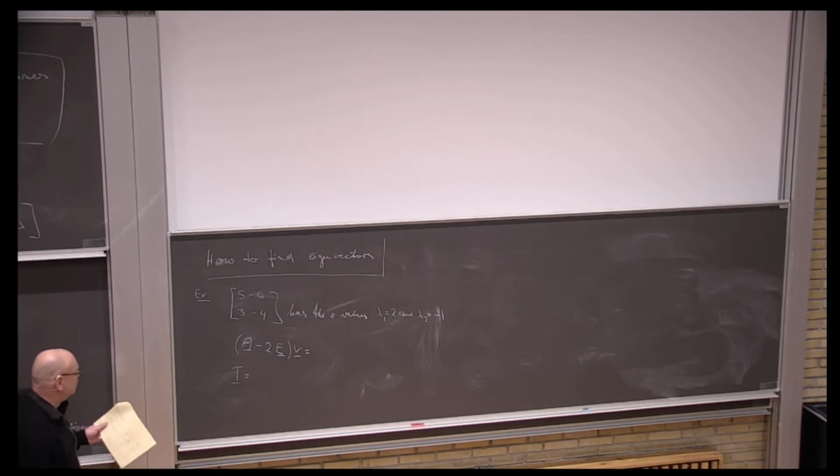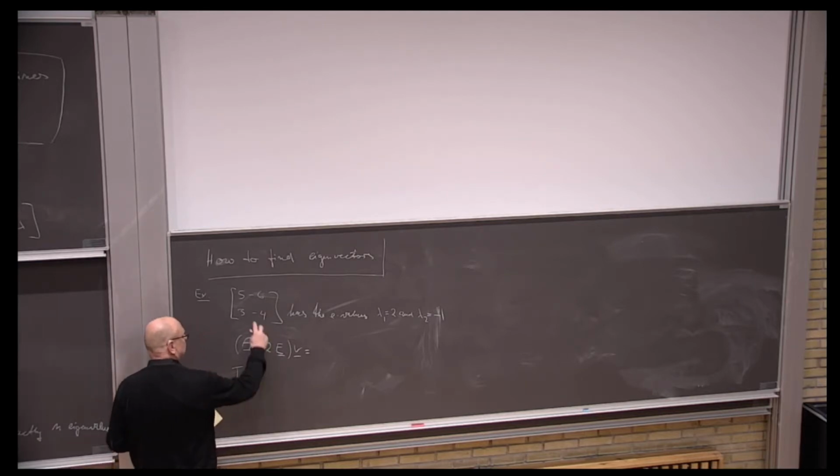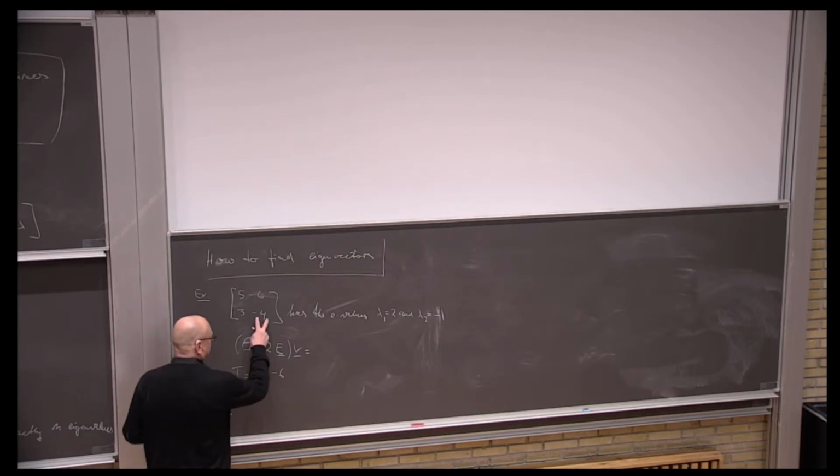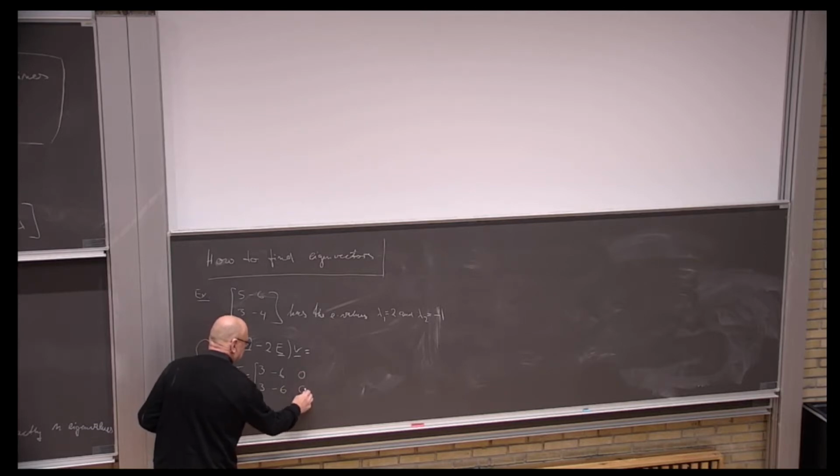So the augmented matrix reads, I have to subtract 2 from the diagonal. So I get 3 here, I have minus 6 here, and then I have 3 here, and then I have to subtract 2 from this one, so I get minus 6. And then the right-hand side is 0.